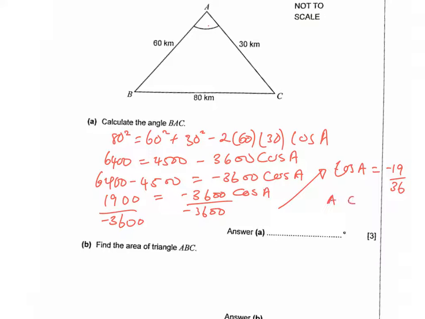To get A, you cos inverse, you go to shift and then cos negative 19 over 36, and then you get your answer as 121.855. Angles are given to 1 dp, so that is 121.9.